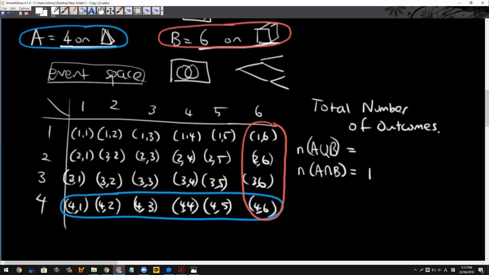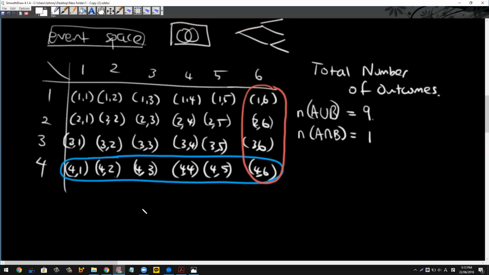What about A or B? What is the number of outcomes for A or B? All you have to do is just count these here. How many? There's 1, 2, 3, 4, 5, 6, 7, 8, 9. Exactly, that's right.